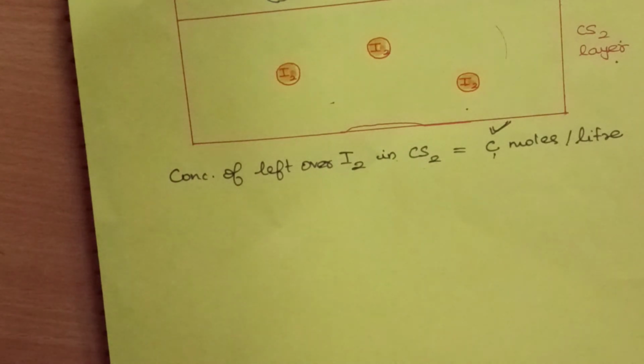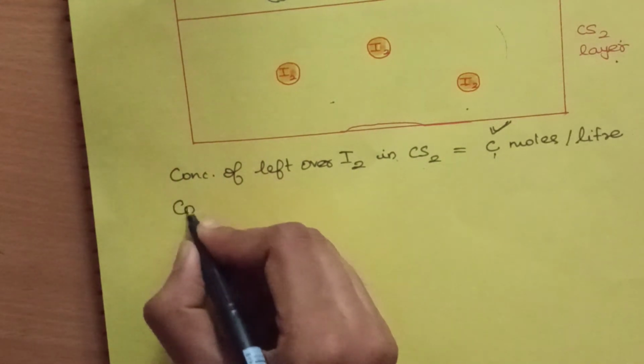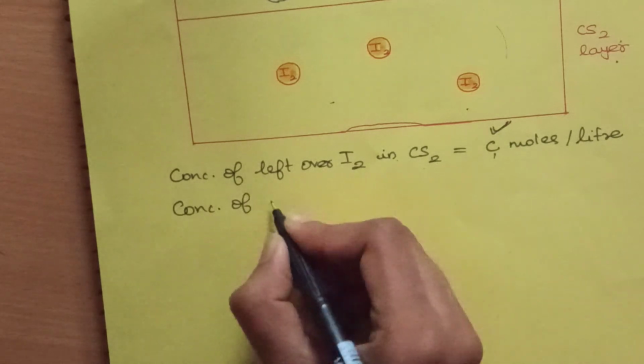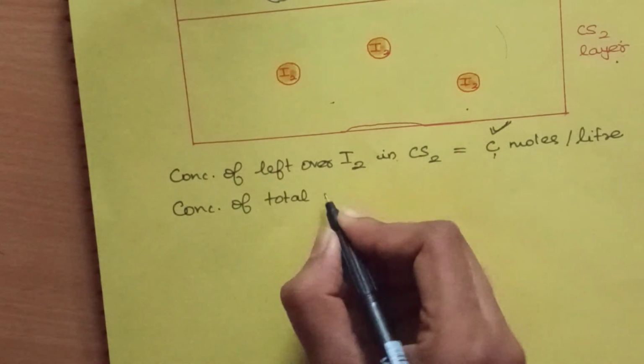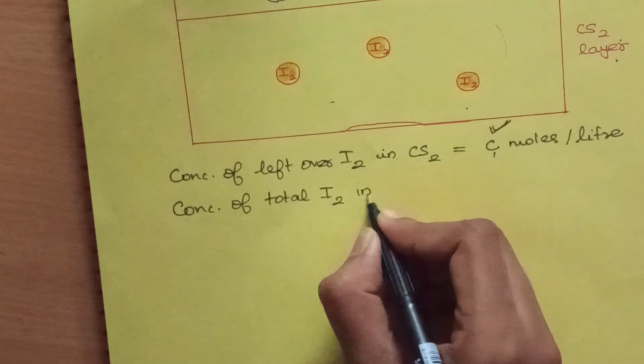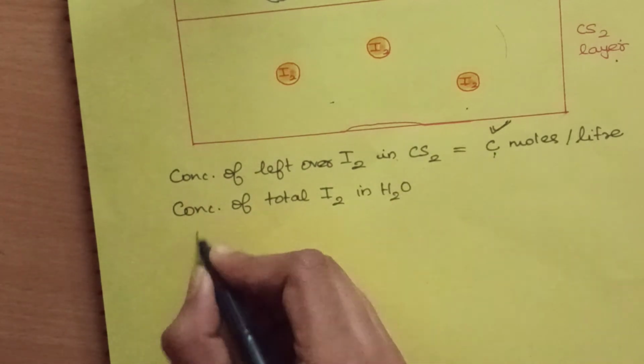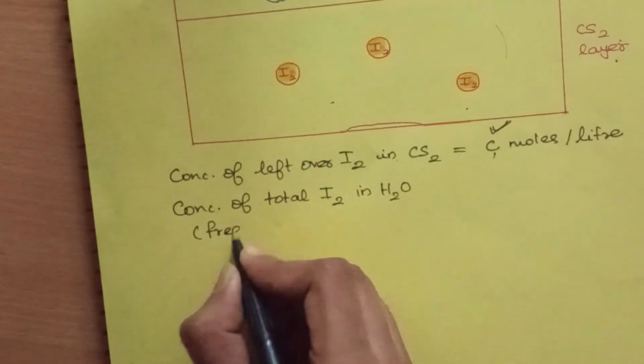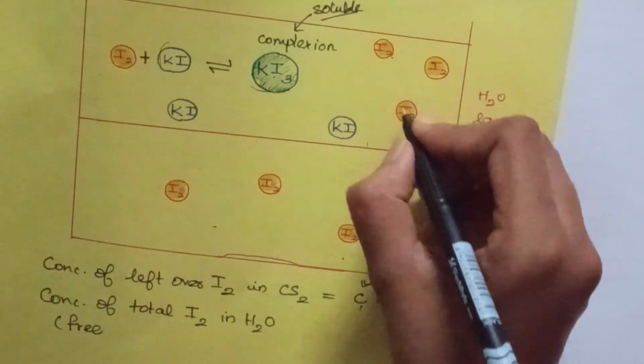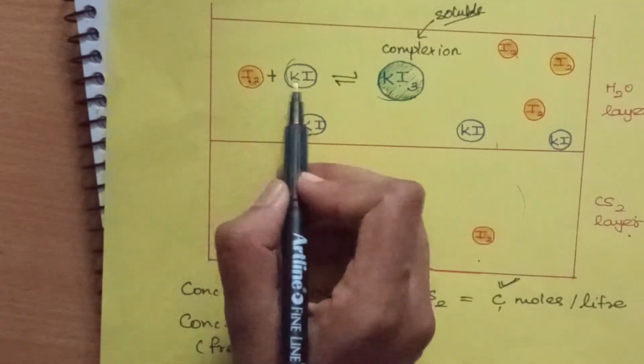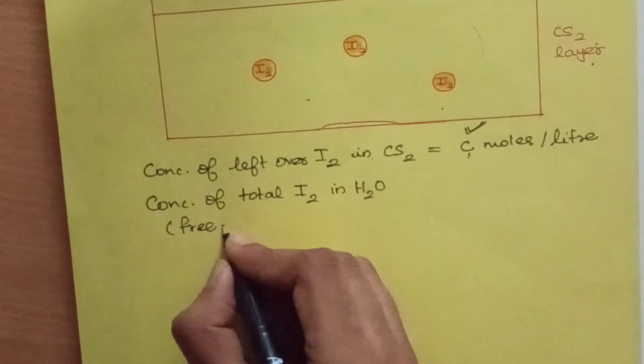Now the concentration of total iodine in water, that means the iodine in free state and iodine in combined state.